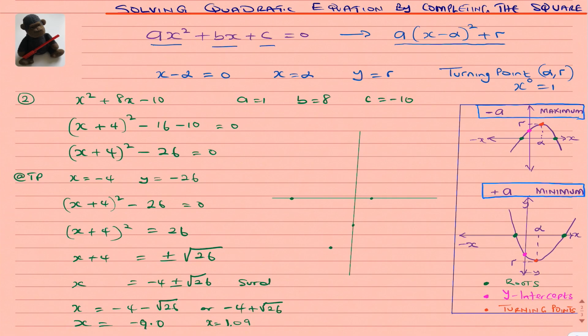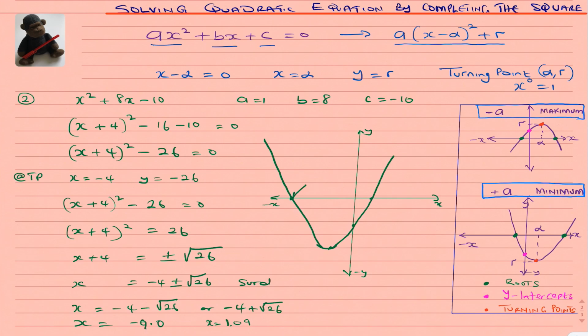And now our curve will be coming like that, getting through those values, and coming up like that. So that's the curve. This is a minimum, and those are the roots here.